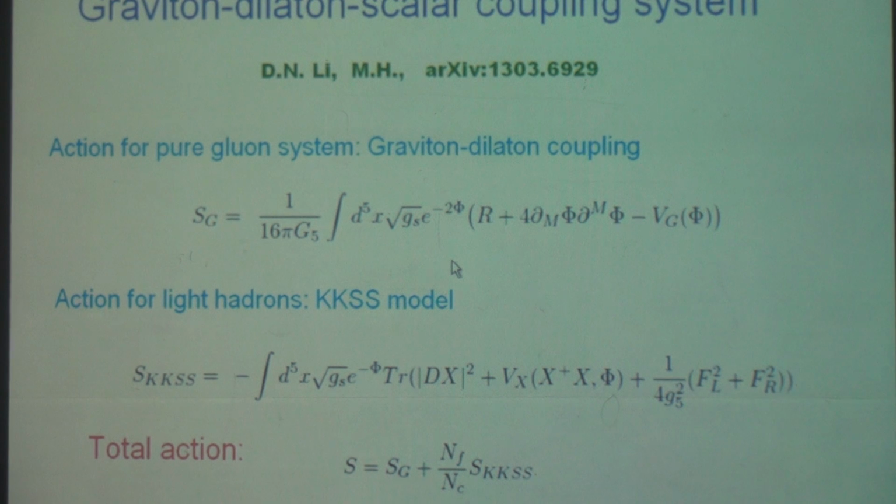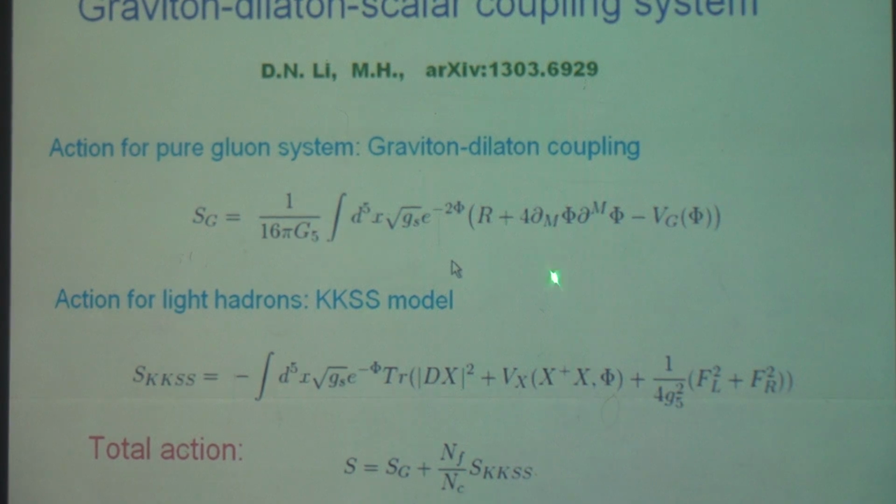So now we add light flavors. This action is the same as the KKSS model. Basically this part is the same as the KKSS model, and the only difference is that this metric is solved.